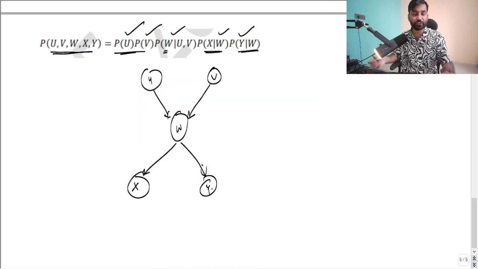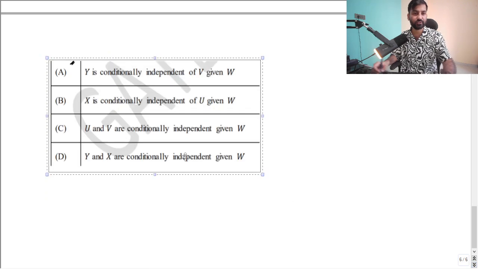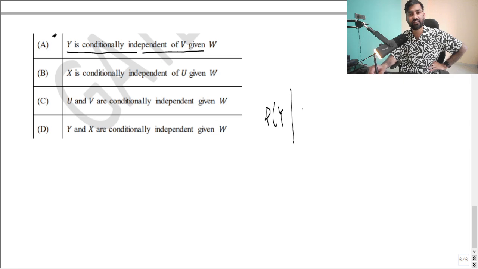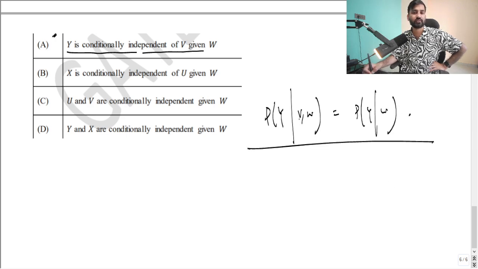You can apply the intuitive definition of independence. Y is conditionally independent of V given W. So the probability of Y given V and W is nothing but the probability of Y given W. It does not depend upon whether V occurs or not.